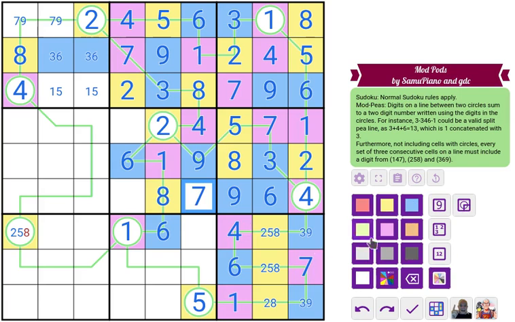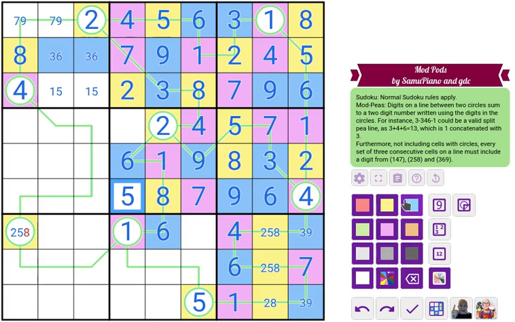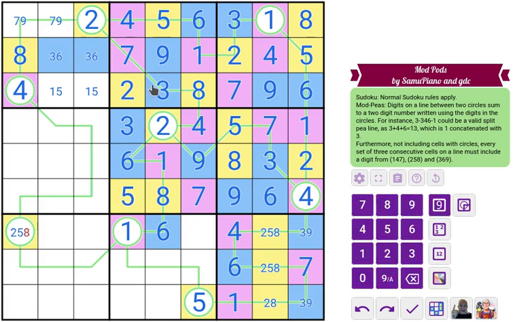Seven goes here. 5, 3. This can't be 40 something. So this is the unit, this is the 10, so 24.